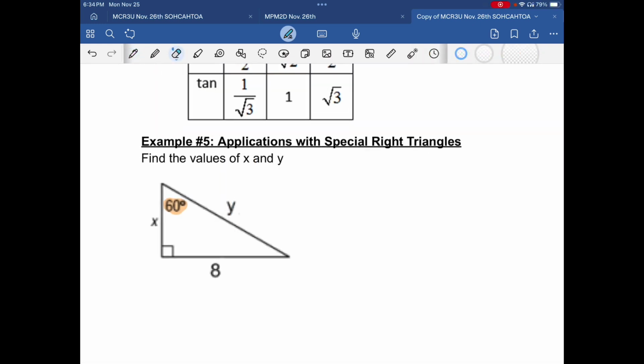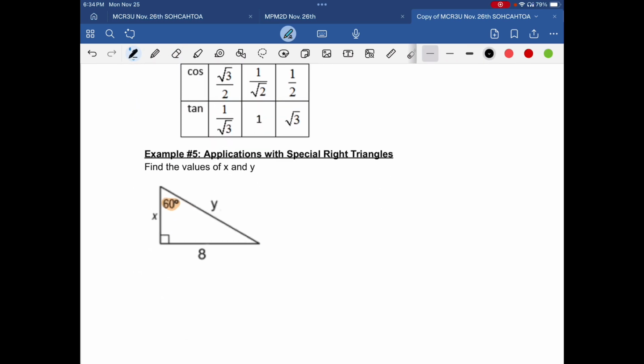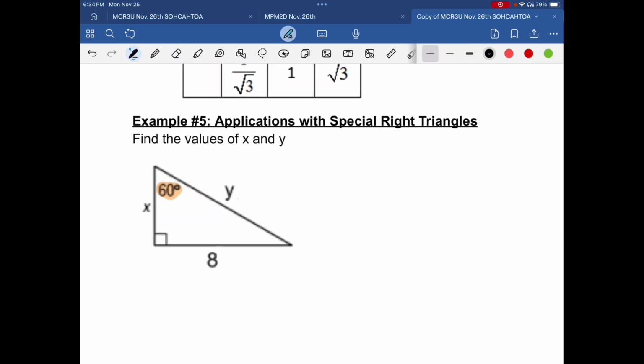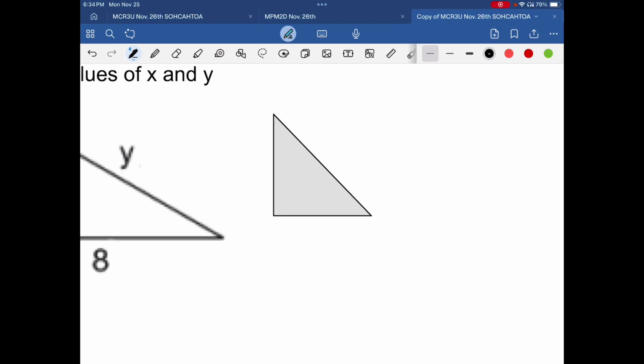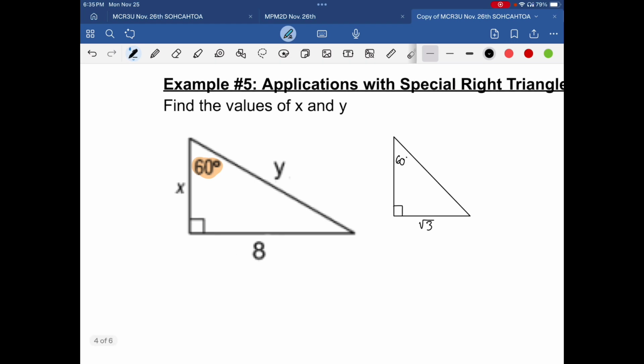I know that with any 30-60-90 degree triangle, opposite to the 60 degrees is my square root 3, depending on what scale, like if I'm multiplying it by 2 or 3 or whatever. Gotta figure that out.